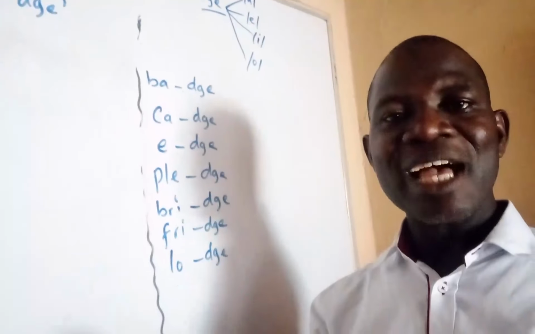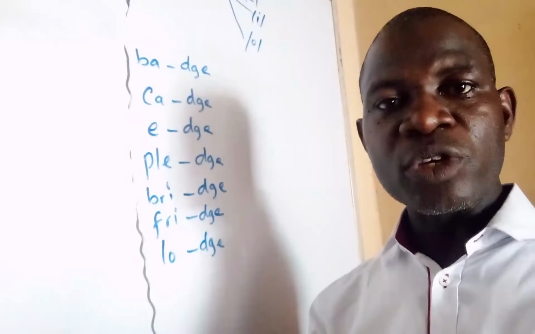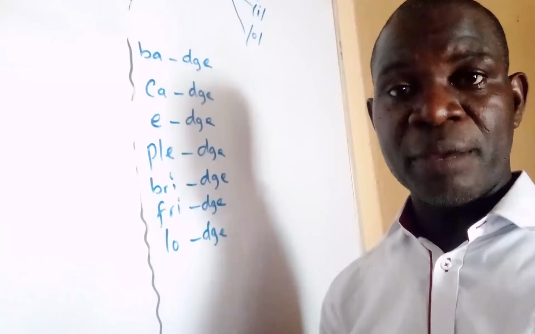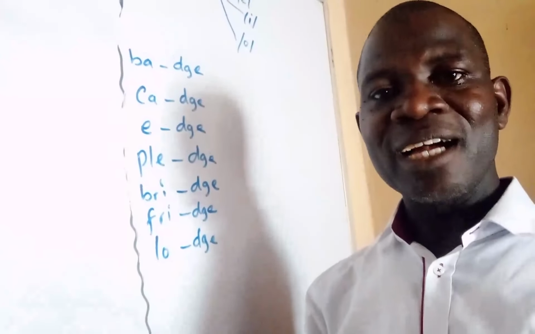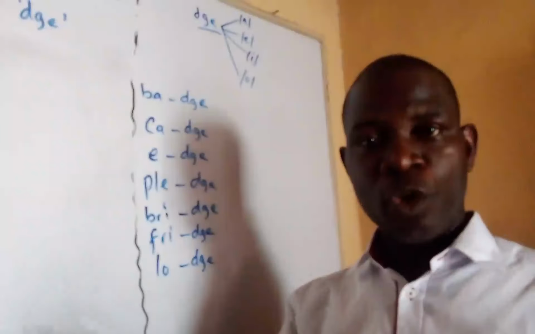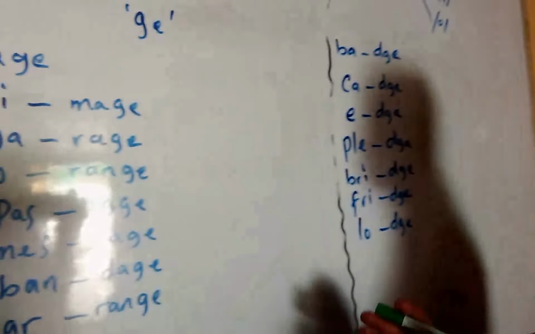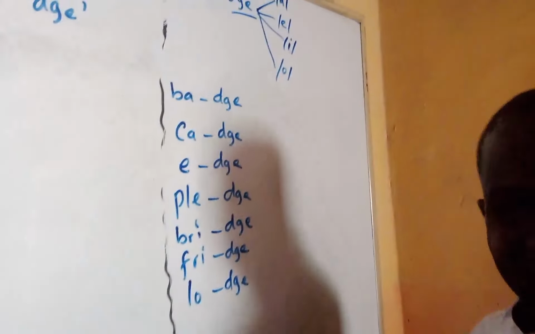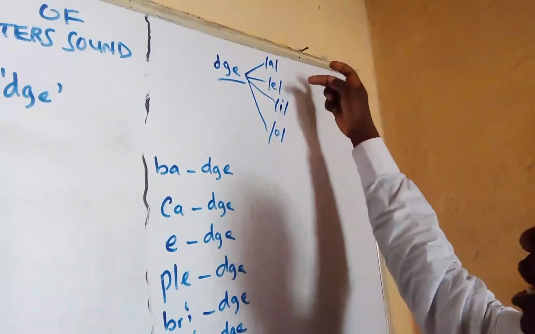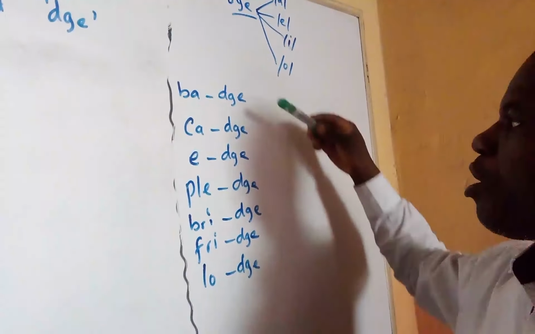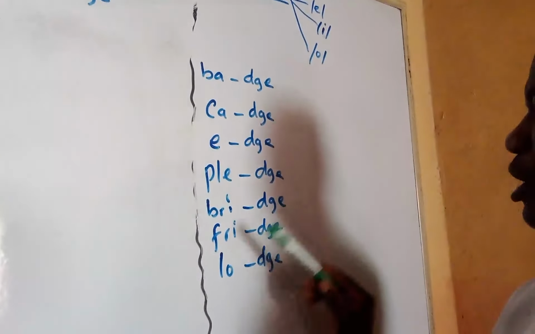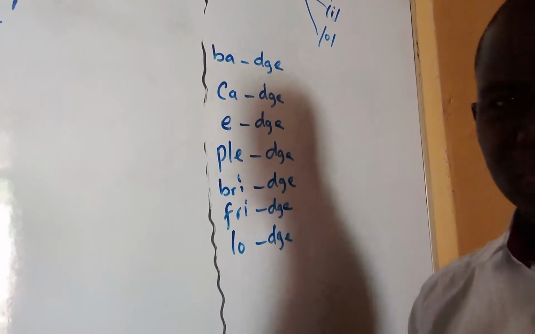In summary, for you to use the sound of G, which gives you GE and DGE as end sound, you have a rule for them. As I said earlier, your GE has to do with retain vowel A alone, while your DGE has to do with change vowels, as in A, E, O, where you have all these: batch, catch, edge, pledge, bridge, fridge, and lodge.